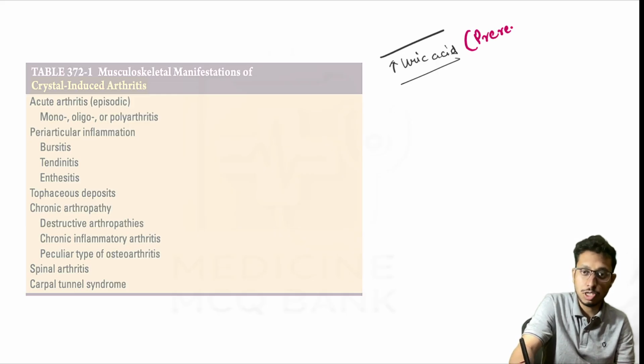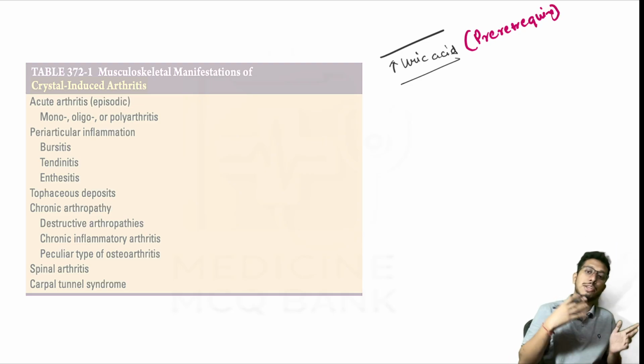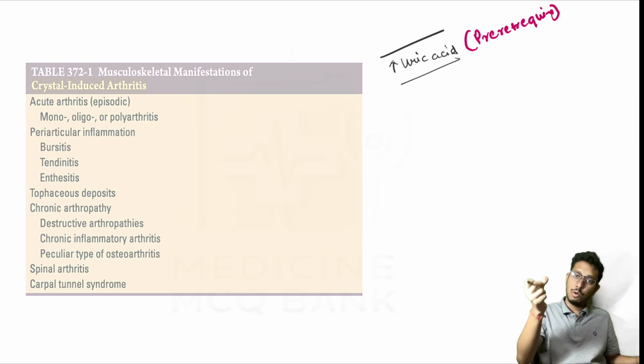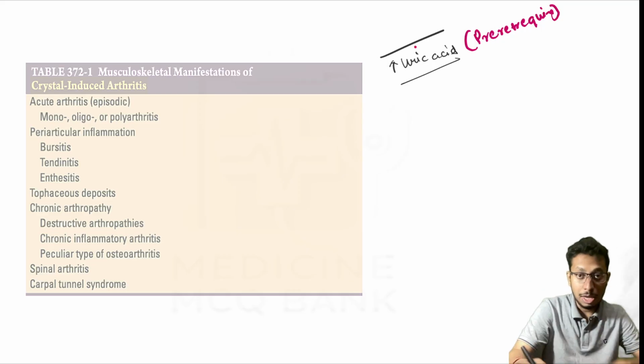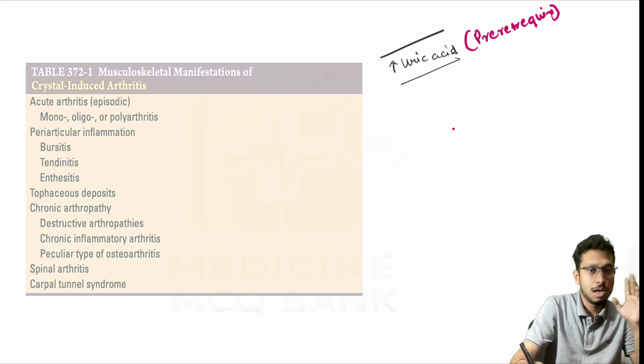But remember, most importantly, during the acute flare, as there is release of interleukin 1 beta, this uric acid will come down low for a brief period of time during the acute attack, resulting in a pseudo-normal value, or the report may come as normal, giving a false impression that uric acid is not high. So high uric acid is a minimum requisite for gout pathogenesis, but sometimes in acute flare, uric acid values can be normal, right?